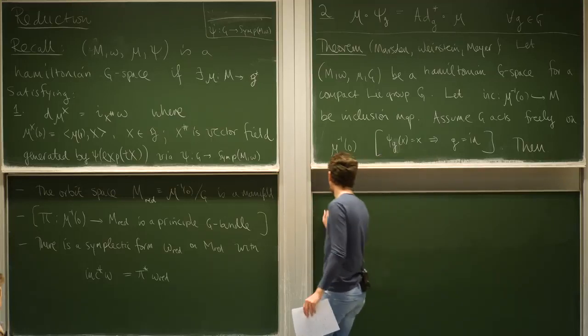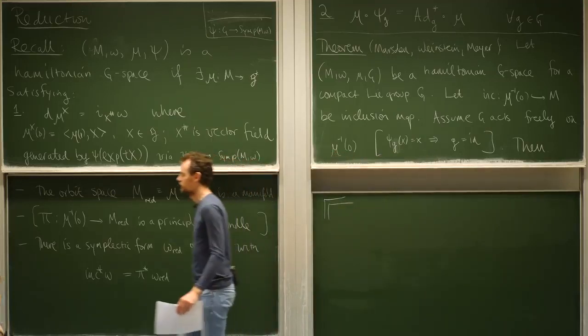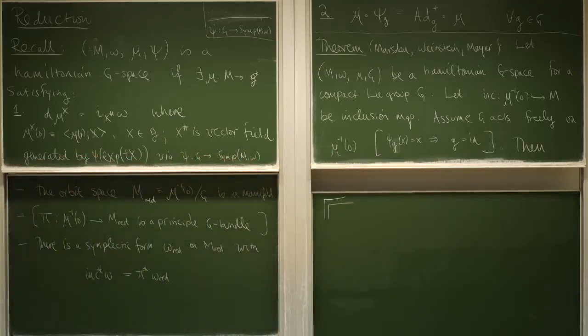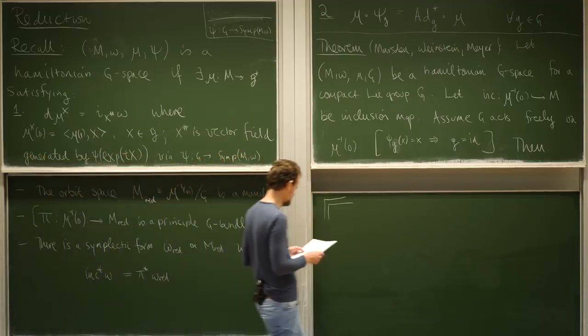Before I do that, I'll just give the definition of a principal G bundle, because I haven't decided whether or not I'll even sketch the proof of the theorem in the next lecture, but if I do, it will definitely mention the words principal G bundle.